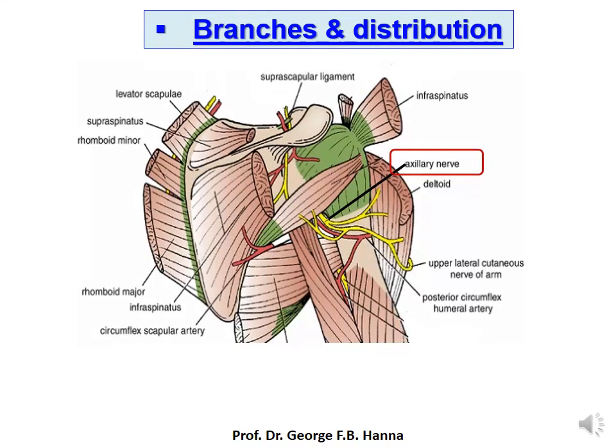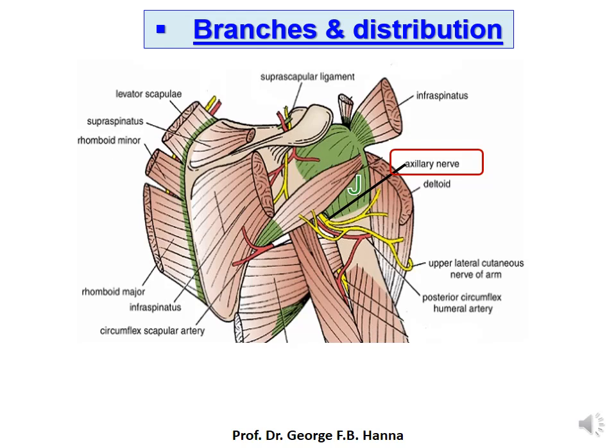Branches and distribution. As you can see here, there is a letter J, meaning the axillary nerve itself, before it terminates, supplies the shoulder joint capsule, which is marked by the green color.